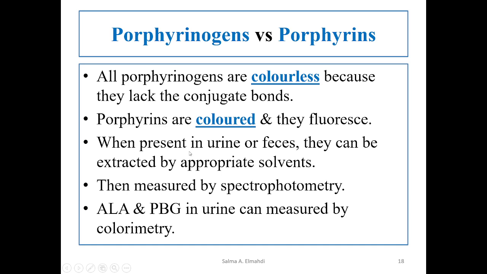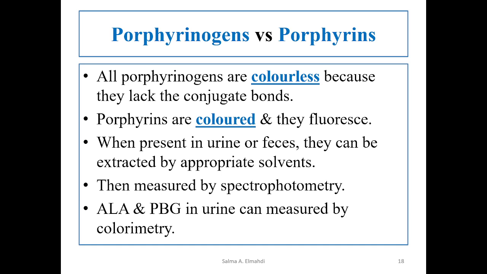When porphyrins are present in urine or feces, they can be extracted by appropriate solvents and measured by either spectrophotometry or colorimetry. Both of them are analytical methods that depend on the Beer-Lambert law, where the solute is measured depending on its concentration and the wavelengths detected by a spectrophotometer or colorimeter in the lab.